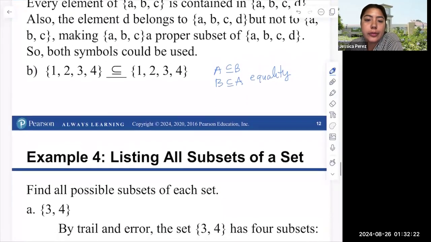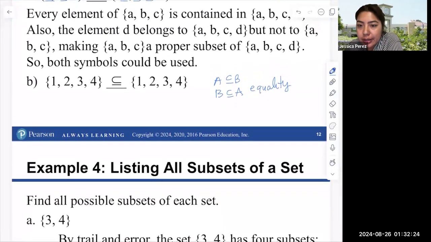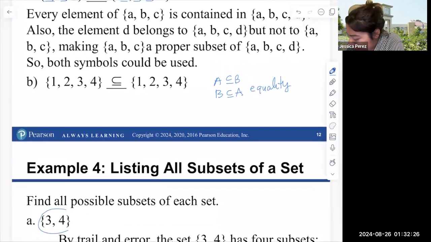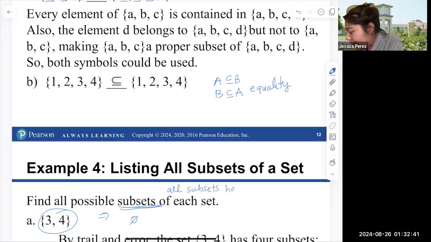Example 4. How do I list the subsets of a set? So let's say that I have a 3 and a 4. Make sure that you always begin with the empty set. All subsets contain the empty set. So we start with the empty set, then we separate them.